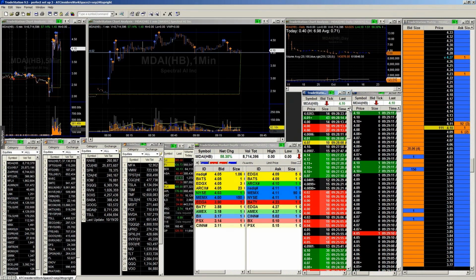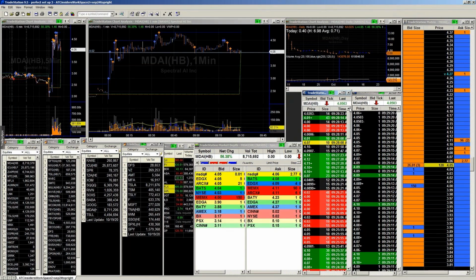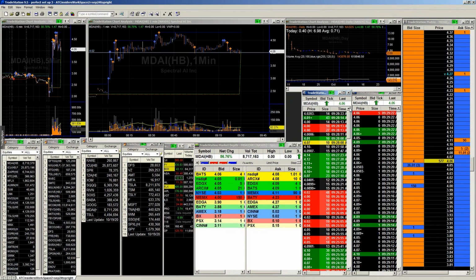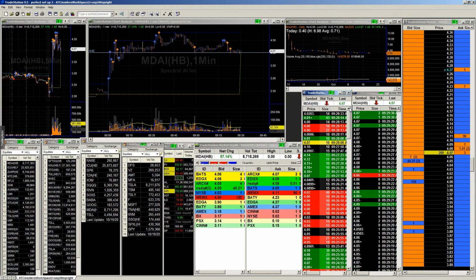Where would I want to have my order set up right now? Perfect. 424. Dollar move, 25 cents maximum loss. Give it the chance to actually come and test the 4 level.